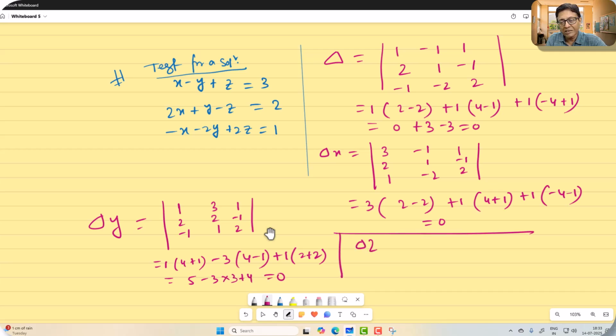And for delta z: 1, 2 minus 1, minus 1, 1 minus 2, 3, 2, 1.